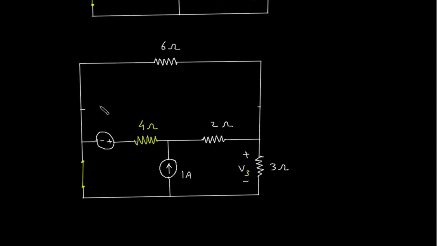So the voltage source is V equal to I into R. I is 1 ampere, and the resistance is 4 ohm, so this will be 4 volt. This voltage source is of 4 volt. Now we will erase this current source.